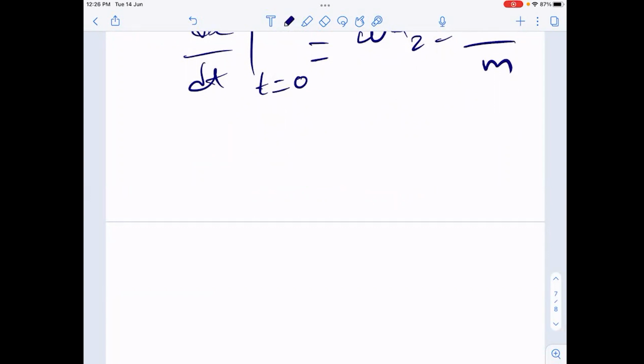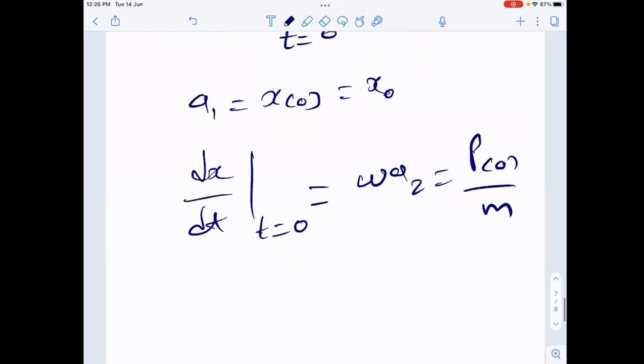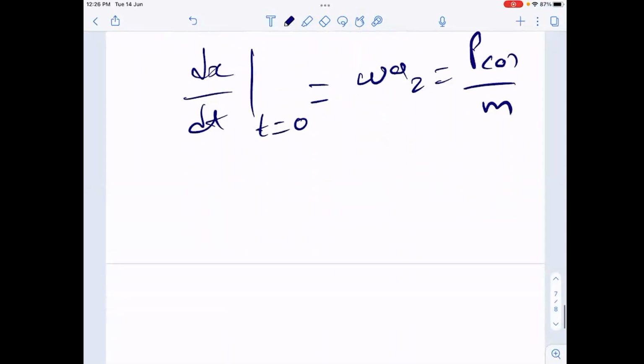So the first constant a1 is x0. A2 will turn out to be p0 upon m omega.